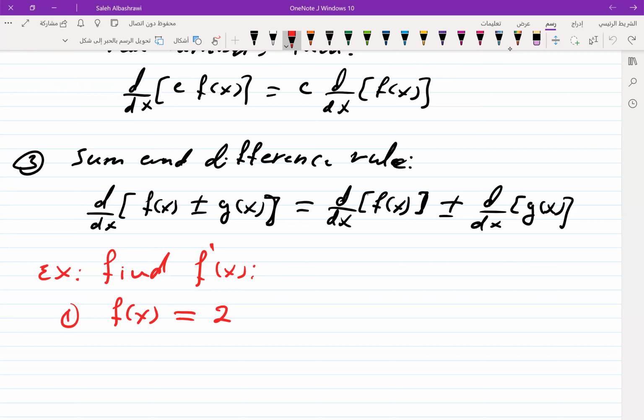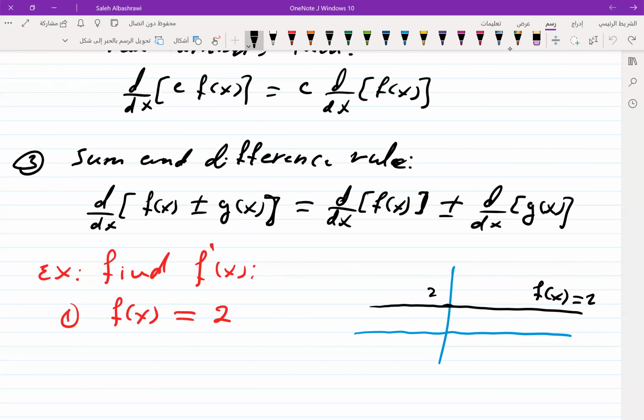If we have a constant function, f of x equal to 2, or y equal to 2, you can see there is no change in the function. It is constant, keeping the same value from minus infinity to plus infinity. So there is no change.